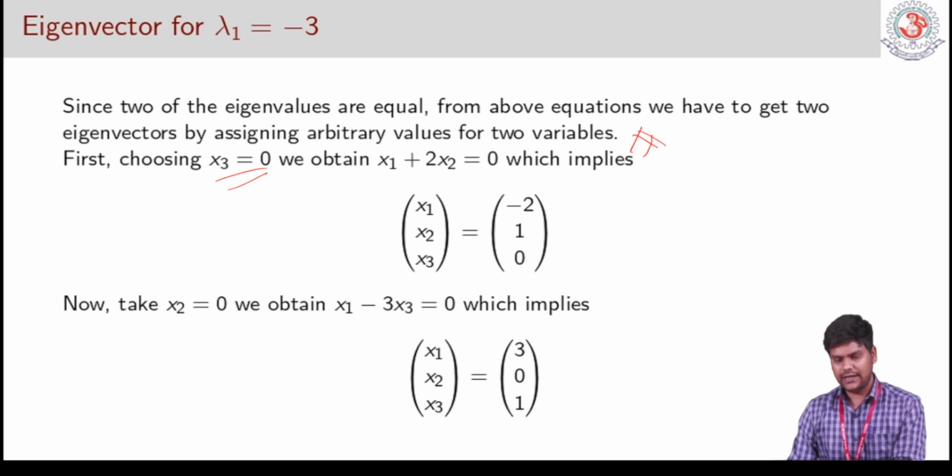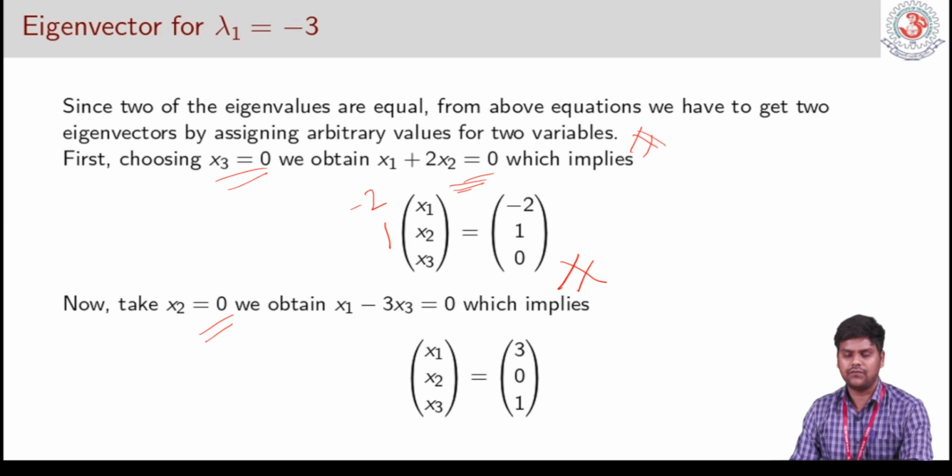If we give x3 equal to 0, we will get x1 plus 2 x2 equal to 0. So here consider x2 equal to 1 and x1 equal to minus 2, and we'll get this equation equal to 0. So that means x1 is minus 2, x2 is 1 and x3 is 0. Next we need one more eigenvector. For that I am assuming x2 equal to 0. If we give x2 equal to 0, we'll get x1 minus 3 x3 equal to 0.